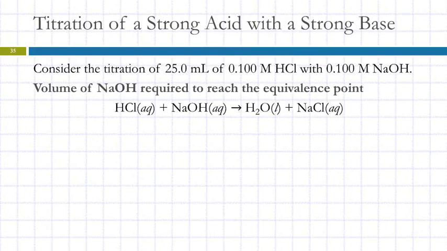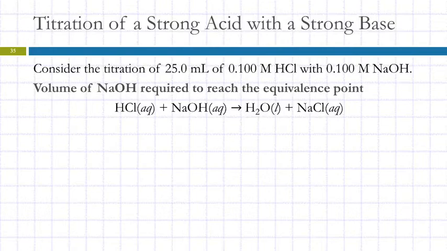So let's look at how you would calculate the pHs for these things. The first titration we're going to look at is a strong acid with a strong base, because that's a little simpler than when you do weak acids. So the 25 milliliters of 0.1 molar HCl, titrating it with 0.1 molar sodium hydroxide. First thing we're going to do is calculate the volume of sodium hydroxide needed to reach the equivalence point.